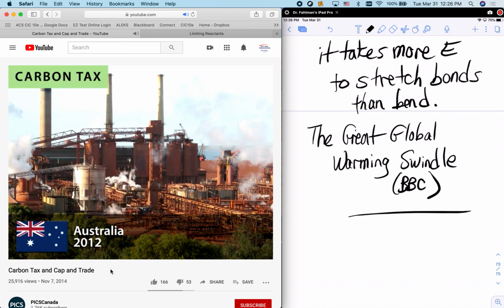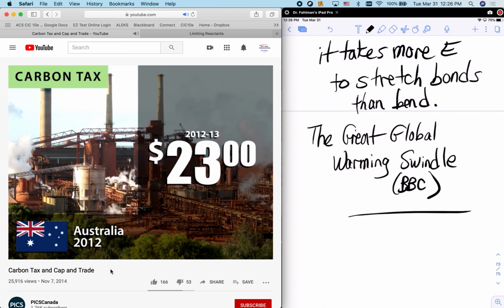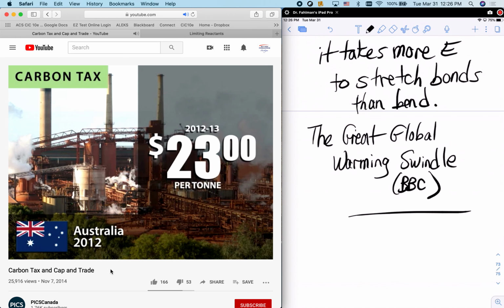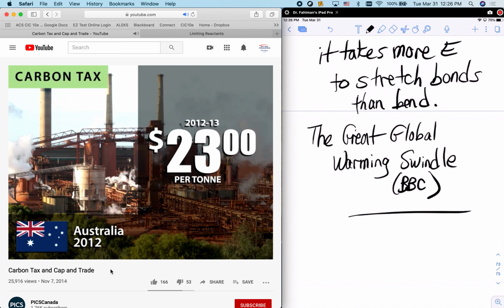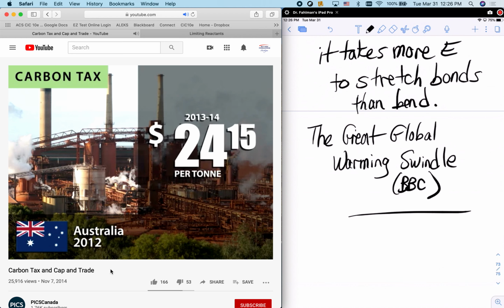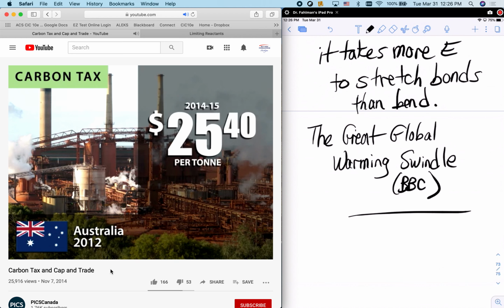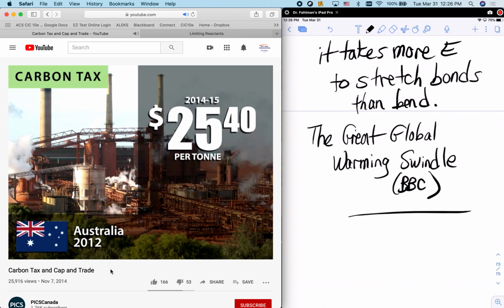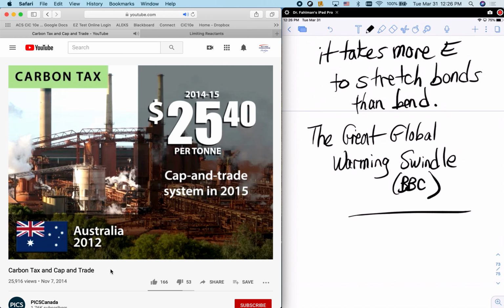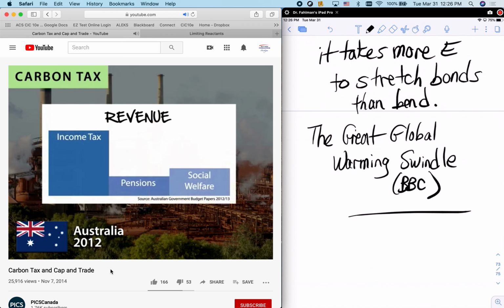Australia set up a carbon tax in 2012, pricing carbon at 23 Australian dollars per tonne of carbon dioxide emitted. The Australian scheme targets the 300 largest emitters, and the price will increase each year until 2015, when the country will shift to a cap-and-trade system. The revenues generated from the tax will be used to reduce net income tax, increase pensions, and social welfare payments.